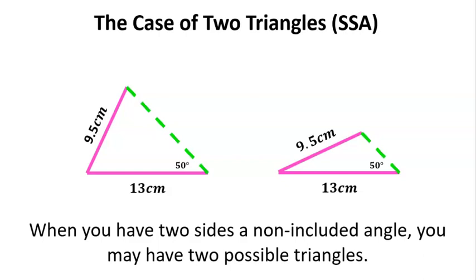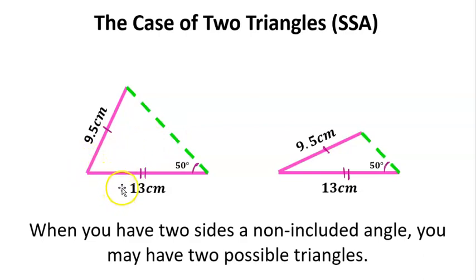So looking at these shapes, notice that they have the same two side lengths, and then they have that same angle measure in the corner, but we have two different triangles here, and that's because this side here was able to kind of collapse and hinge downwards to create a different triangle because this angle wasn't being regulated.